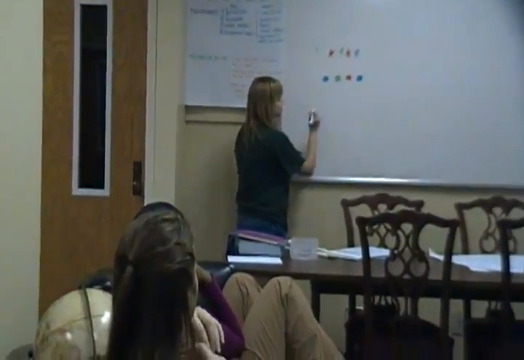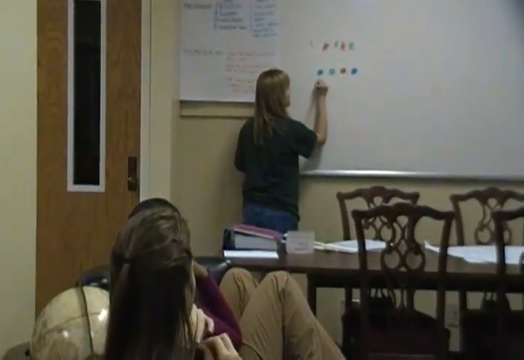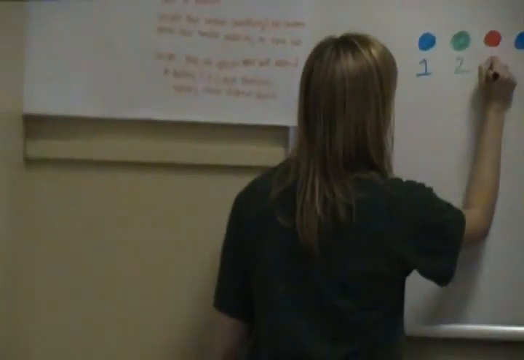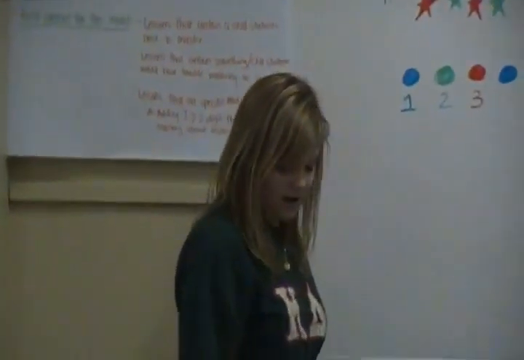So we have blue for number 1, right? So this is number 1. We have 3 colors. And then we have green for number 2, right? So there's 2. And here's red, number 3. And that's it. We have 1, 2, and 3.